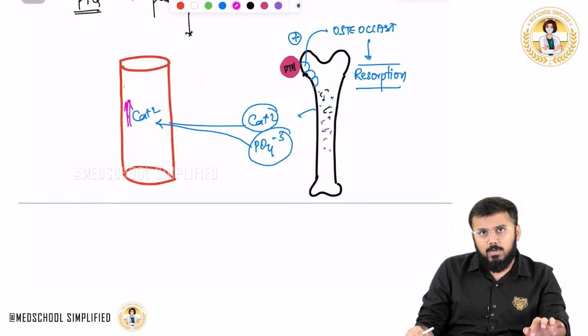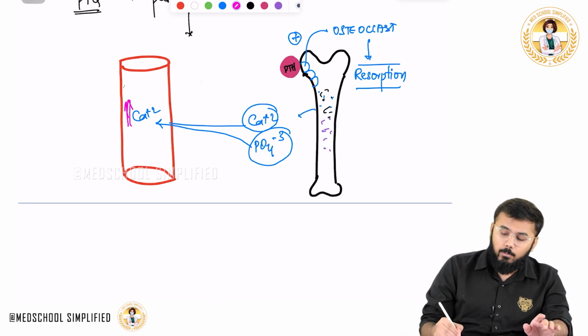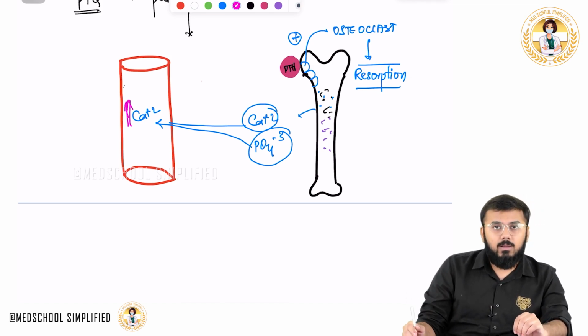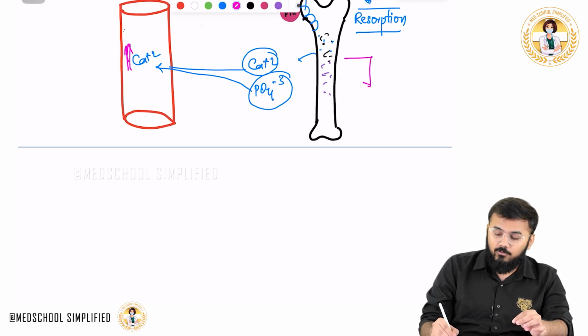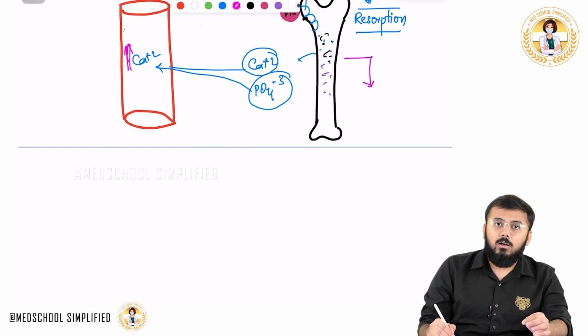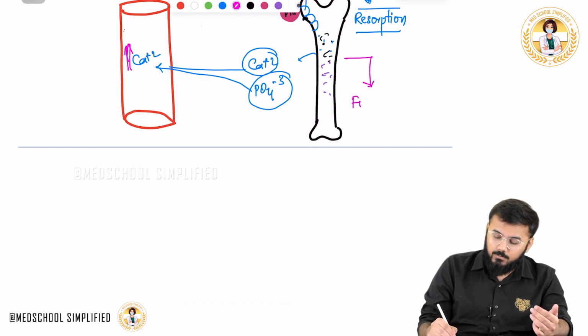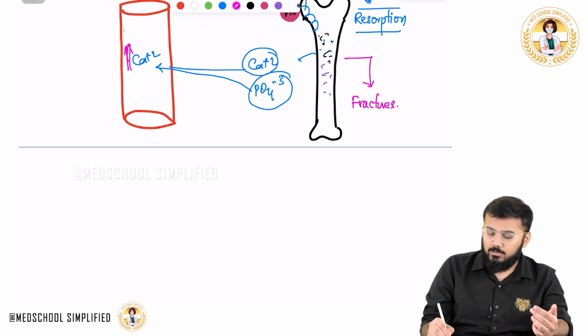Your calcium levels in the blood are getting back to the normal level. But what is happening on the other side? The calcium which was on the bones is taken off. So bones are becoming weak. When bones become weak, this condition will result in very easy fractures. So the patient can have fractures.